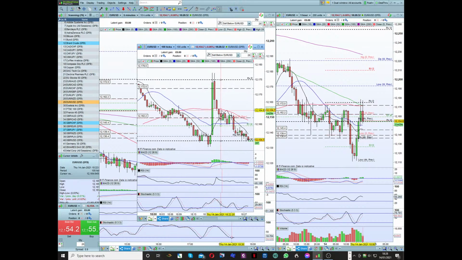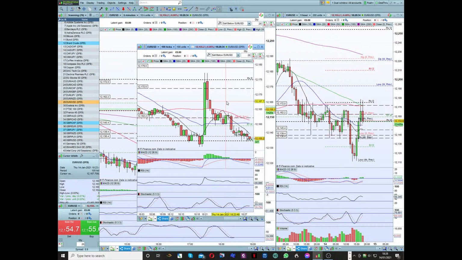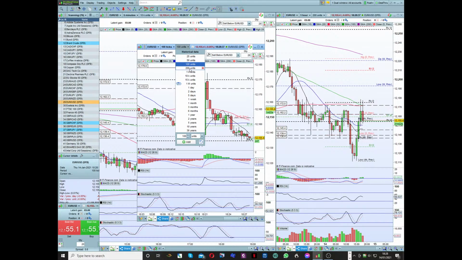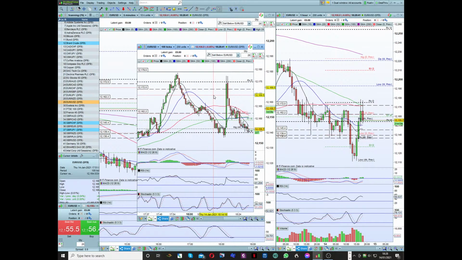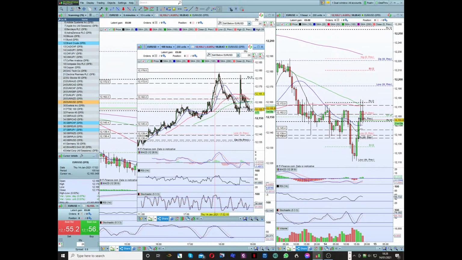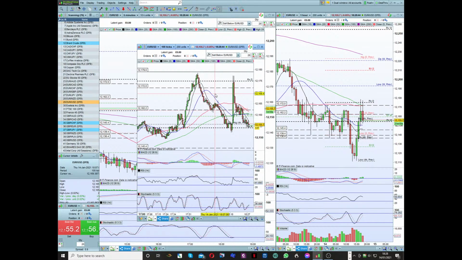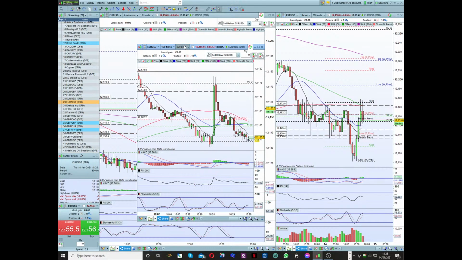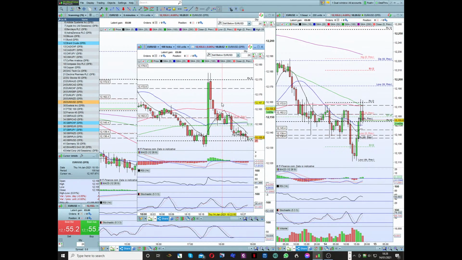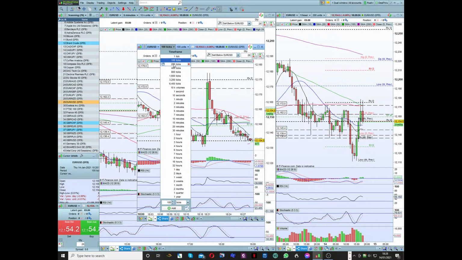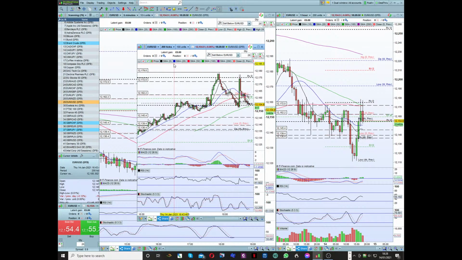And it's not that much different, is it? Not much different at all. It just gives you the structure.